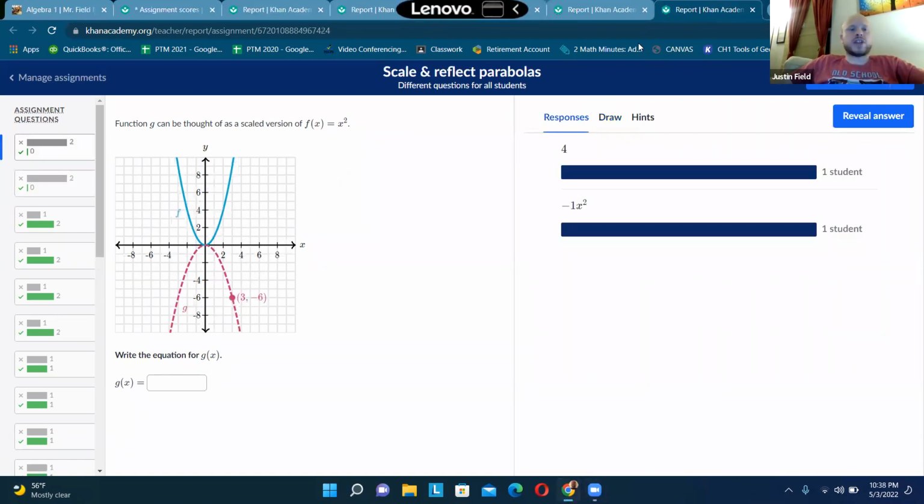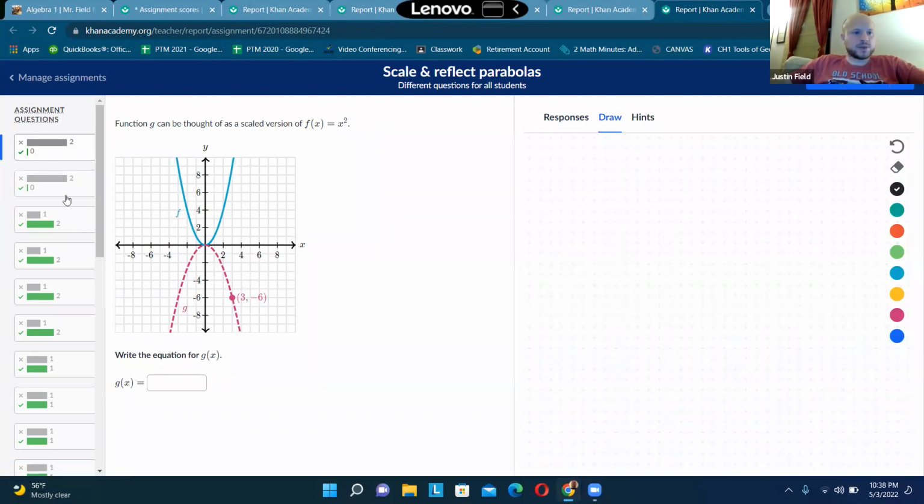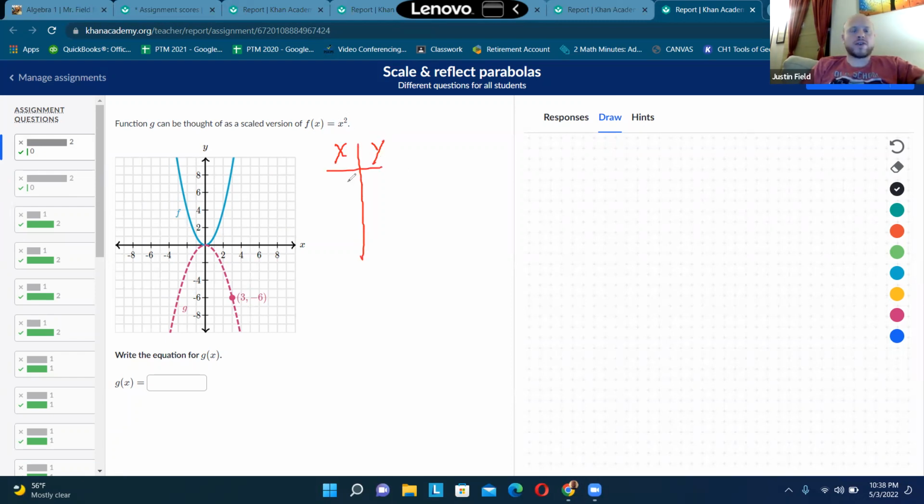Now let's go to the scaling and the reflecting. So this right here, 2 people have answered incorrectly, is a reflection, but it's also a scale. So we see the original graph. The original graph has the equations, we do -3, -2, -1, 0, 1, 2, 3, just for some points.